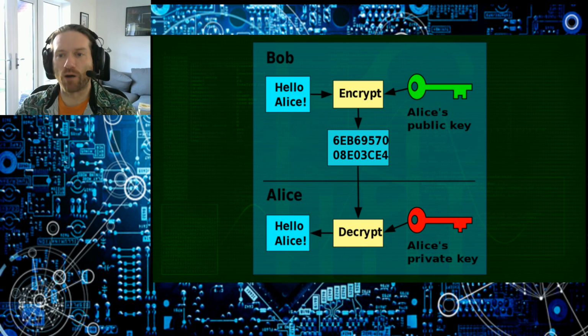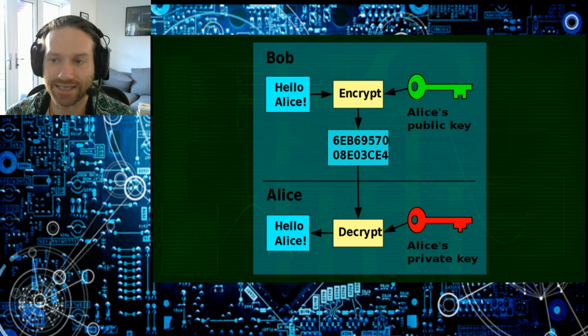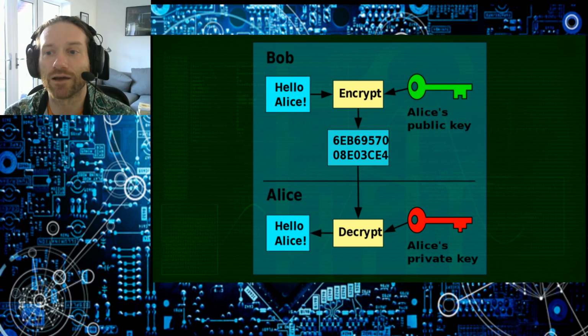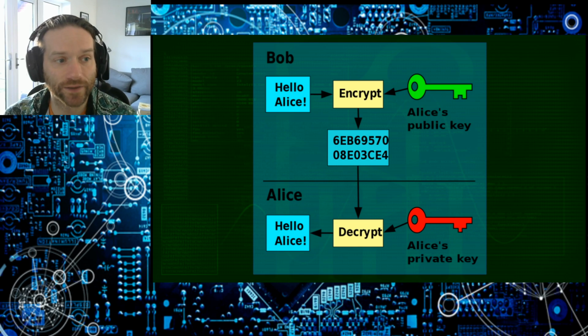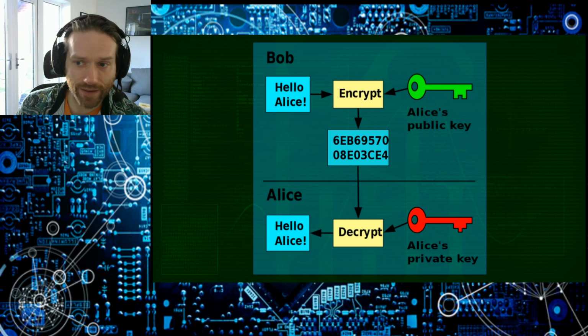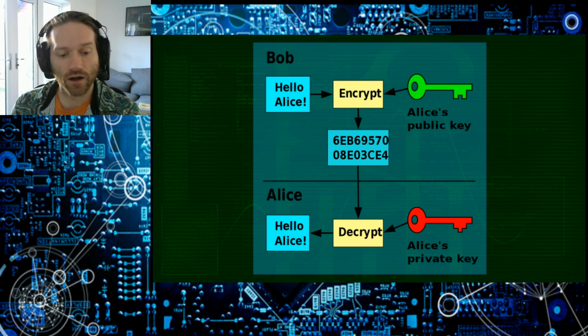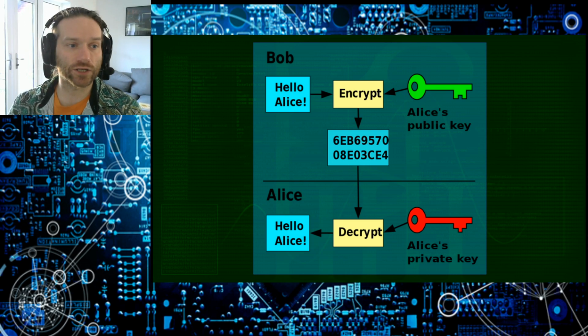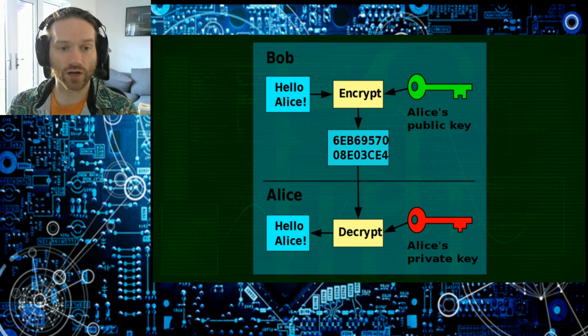Okay, here's Bob. Bob wants to send a message to Alice. Okay, hello Alice. So Bob encrypts the message using Alice's public key. Now the way it works, remember Alice's public key is one half of this mathematical equation. The only way that it will be able to be decrypted is with the other half of that mathematical equation, which is formed from Alice's private key.